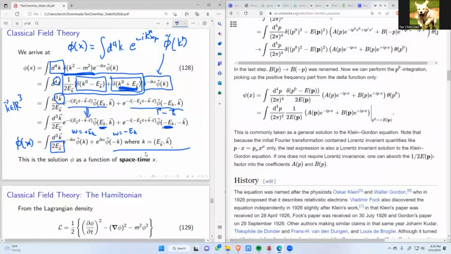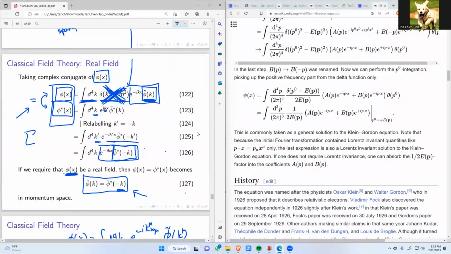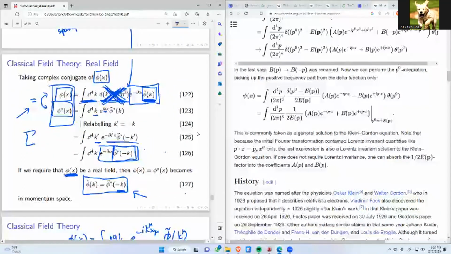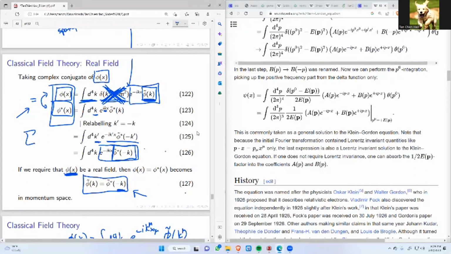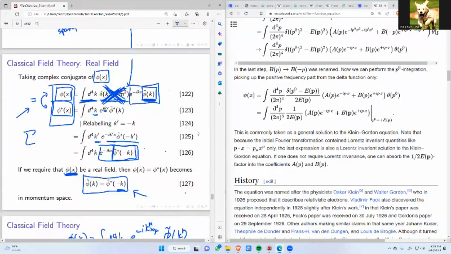Okay, so we know that the positive frequency and negative frequency components are independent of each other, because these can be any functions we want. However, if we want the field to be real, then they are complex conjugates of each other because of this condition over here.